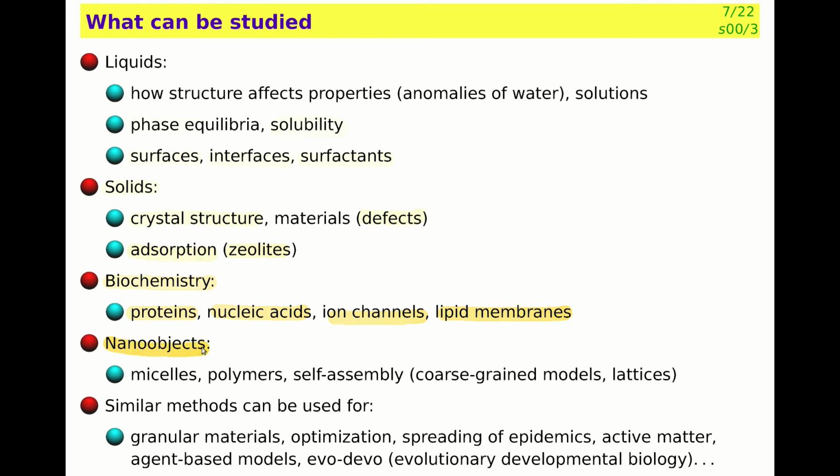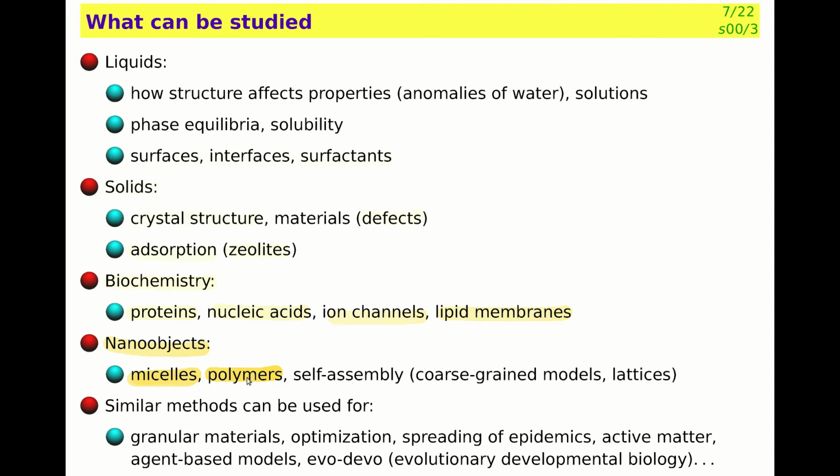From the other side, we can study nano-objects. We can study them either composed of individual atoms and molecules or by bodies themselves at the coarse-grained level. We can study polymers. The field of polymer simulations is a bit different from what I'm going to cover in this course.